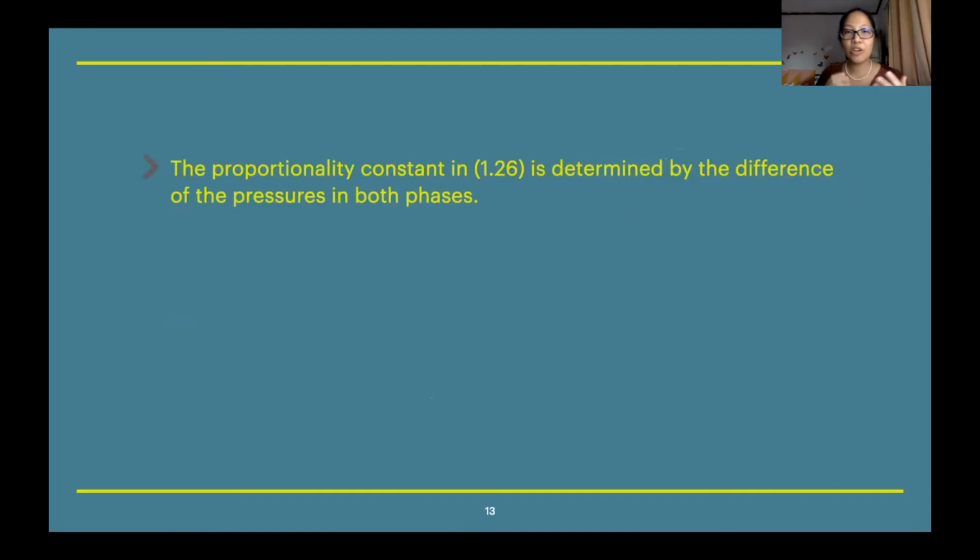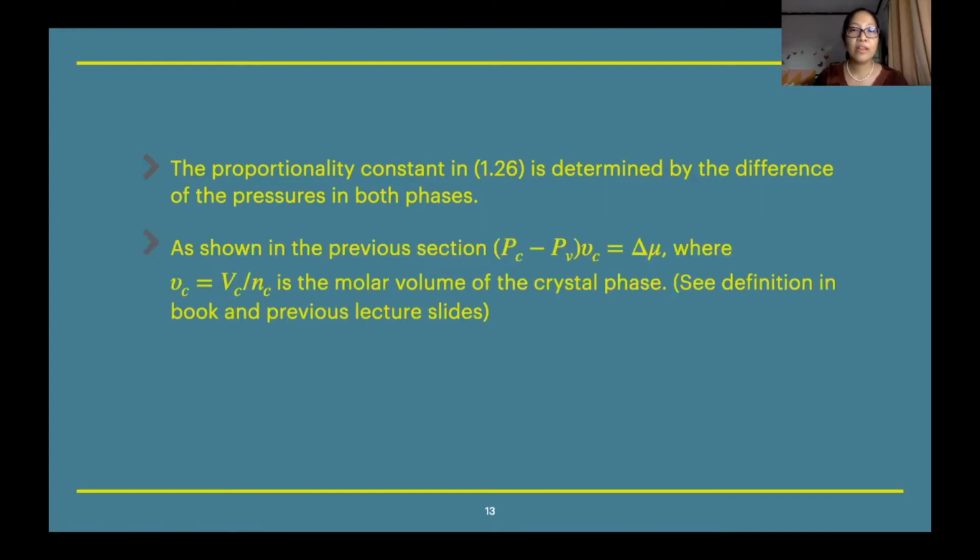The proportionality constant in 1.26 is determined by the difference of the pressures in the crystal phase and the vapor phase. And in the earlier sections, we saw that this difference in the pressure times the molar volume is equal to the change in the chemical potential, or the delta mu.